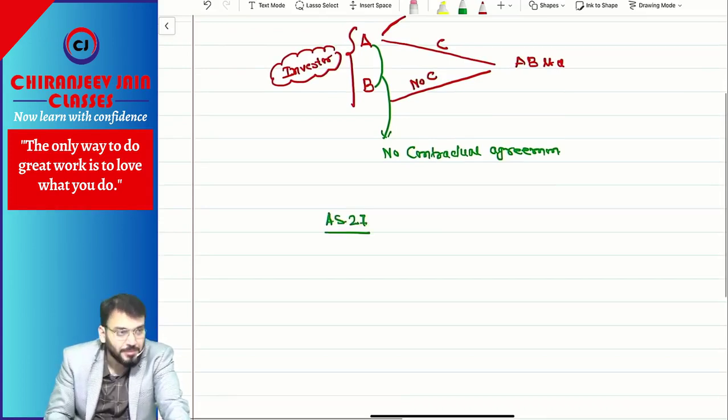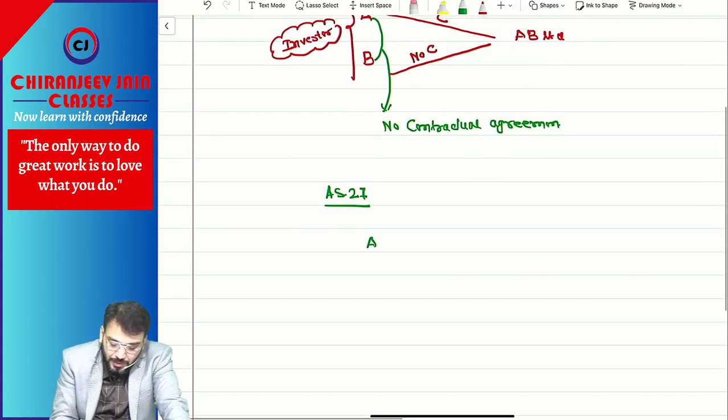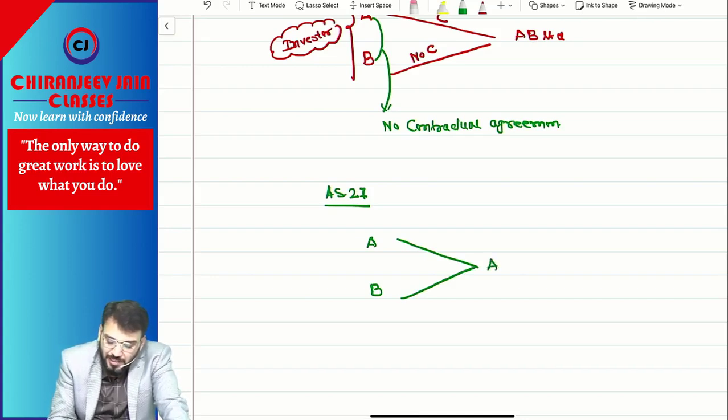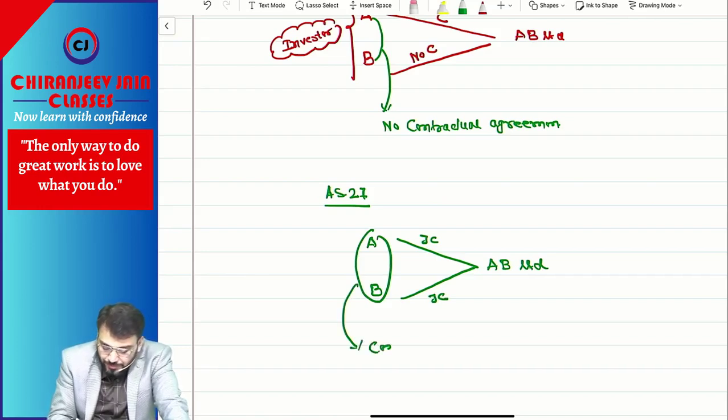So AS 27 says that if suppose there are two parties which undertake an economic activity in the name of, suppose, AB Limited, so both have joint control and both are under a contractual agreement.